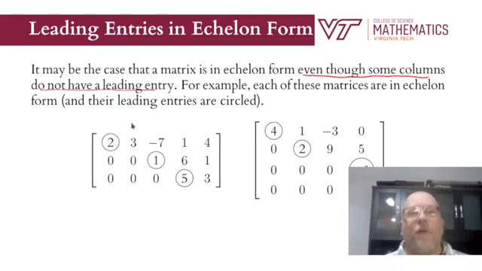I've circled their leading entries, and this column doesn't have one, because the leading entry is based on the row, and this row doesn't happen to contain any leading entry. That's perfectly okay, but it does mean something. And so this column is another example of a column that doesn't have a leading entry.